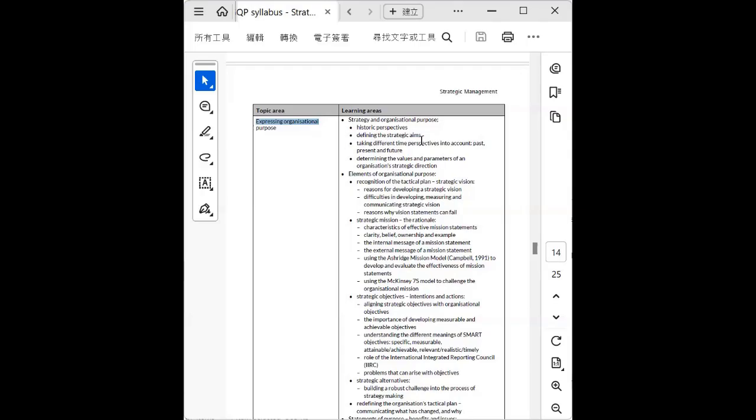Defining strategic aims involves translating the company's purpose into specific and measurable goals. Ensure that the purpose is not just aspirational, but it should be actionable. And also guide the resources allocations and performance management.